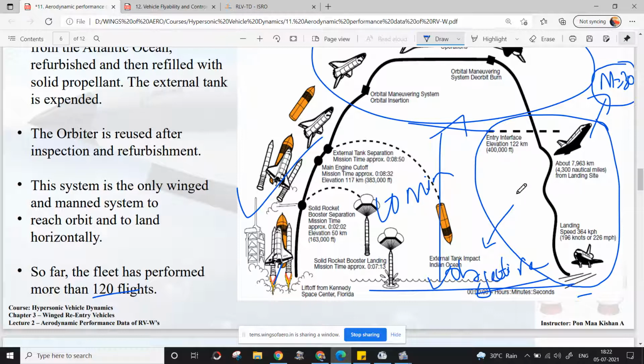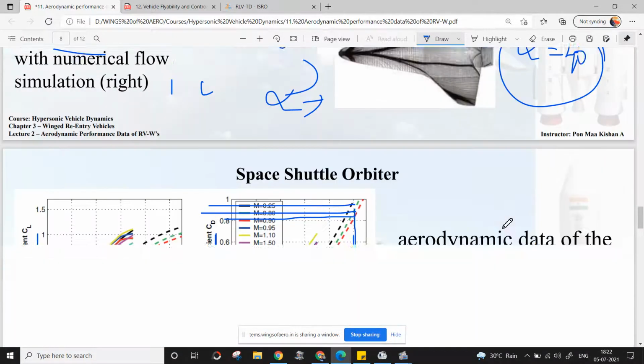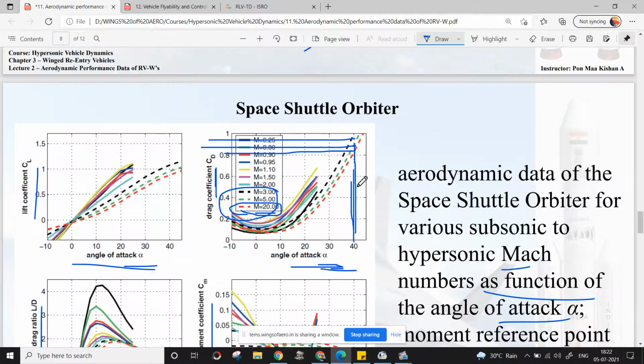So how are we going to decelerate? By flying at larger angle of attack. The reason we choose larger angle of attack is that our drag coefficient is high at this particular Mach number.